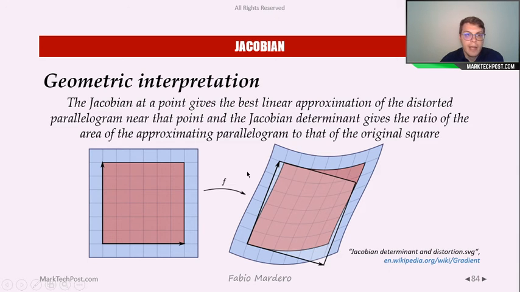The Jacobian at the point gives the best linear approximation of the distorted parallelogram near that point, and the Jacobian determinant gives us the ratio of the area of the approximating parallelogram to that of the original square. So how the volume changes, which is the determinant in some sort.